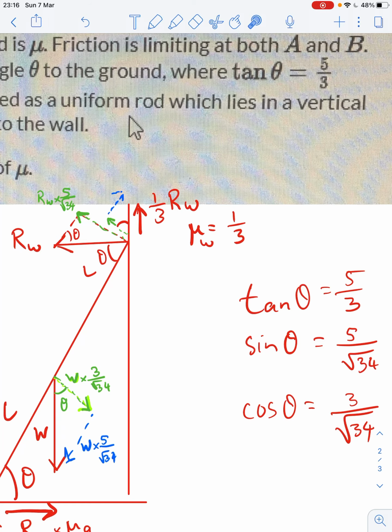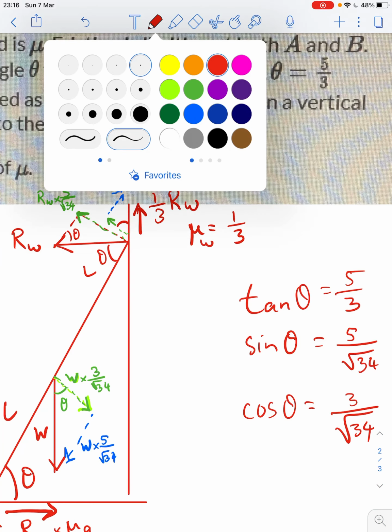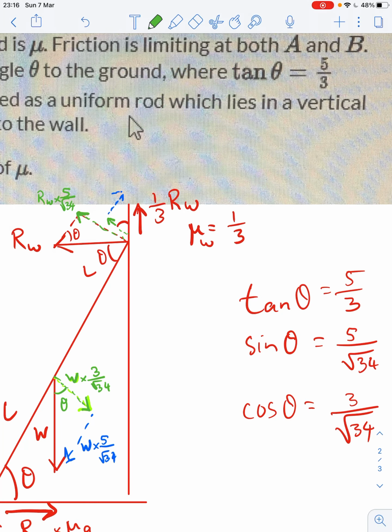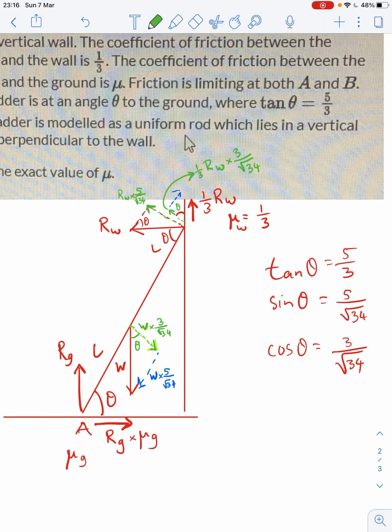So this other force is going to be a third RW times cos theta, so times 3 over root 34. I don't actually need the parallel forces, so I'm just going to leave them for now.